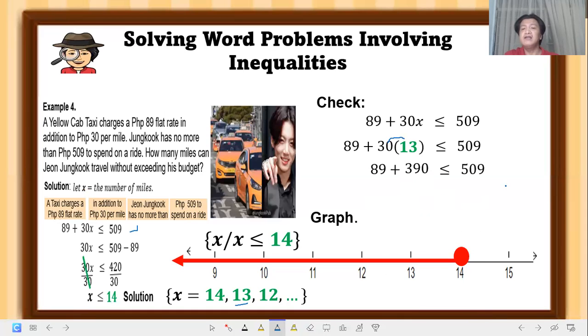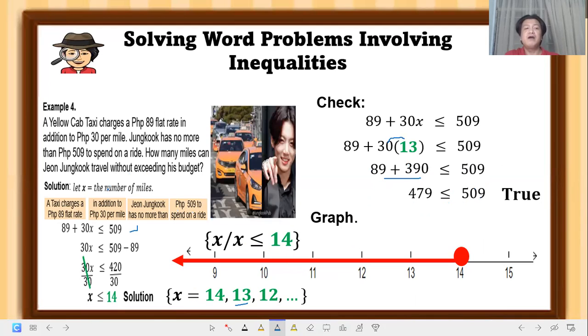Copy the 89 and the less than or equal to 509. When we simplify this, adding 89 and 390, 479 is less than or equal to 509. Did you see that our statement is true? Meaning, that is our solution set. We have x is less than or equal to 14.